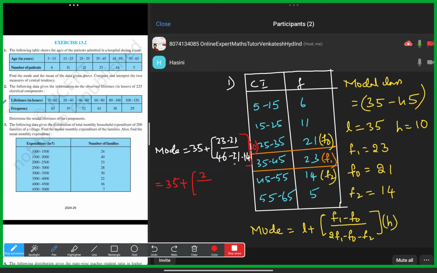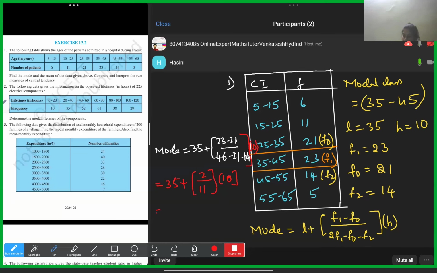I'm adding both negative numbers. Minus 21 minus 14 means minus 35. So 46 minus 35 will become 11, into 10. Any doubt, Hasni? If you do separate subtraction, 46 minus 21 you'll get 25, and 25 minus 14 you'll get 11.